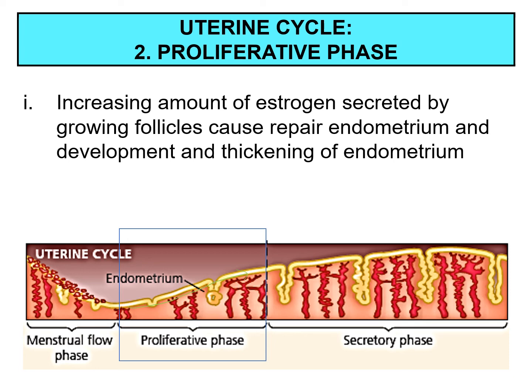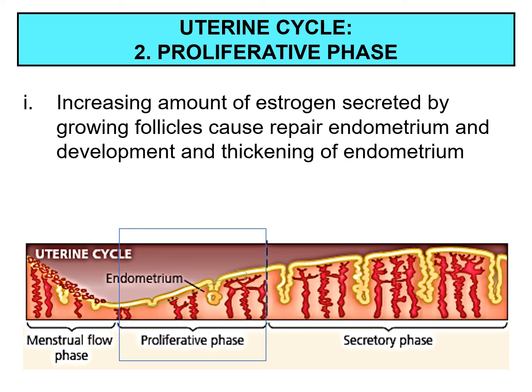So dari mana datang estrogen? Estrogen dulu, sebab estrogen increase first to thicken and repair the endometrium. So dari mana datang estrogen ni? Ia datang daripada growing follicle. Ingat tak? Okay, growing follicle.